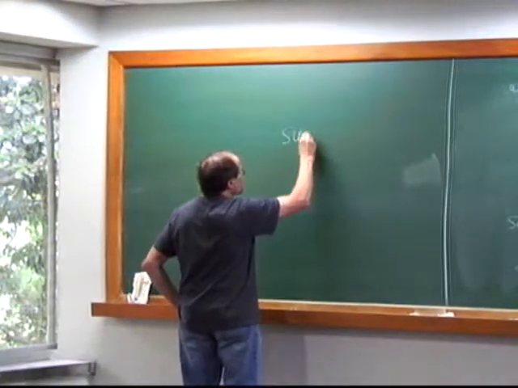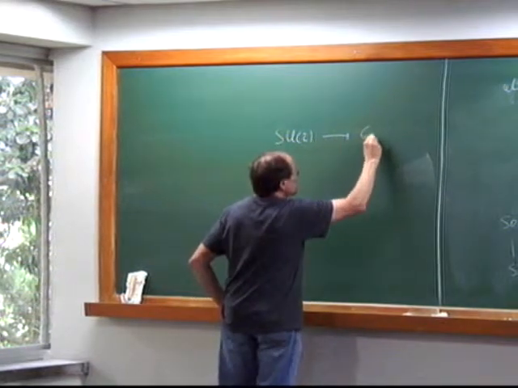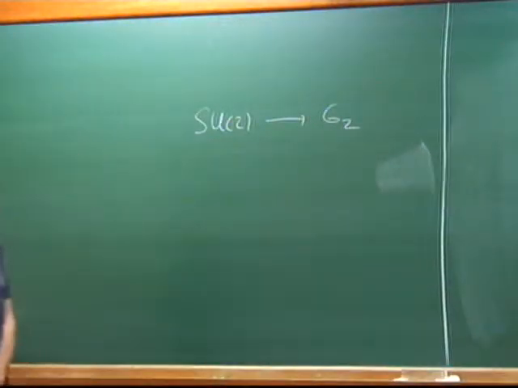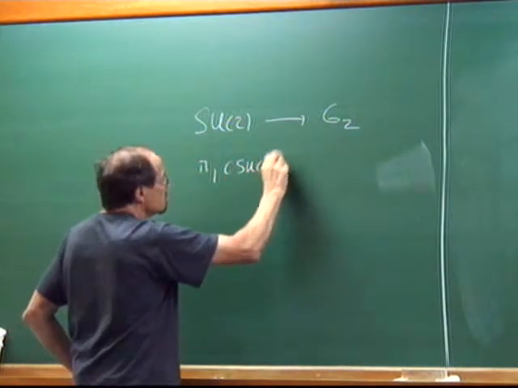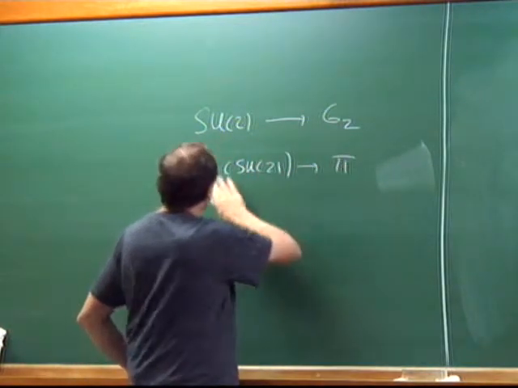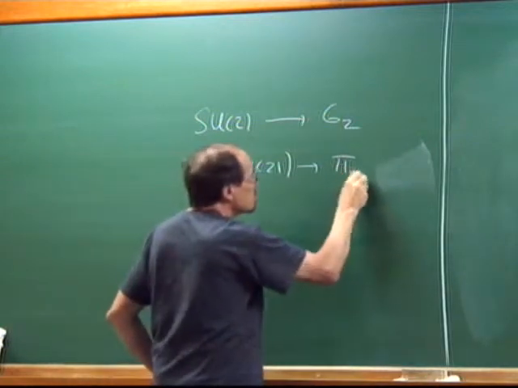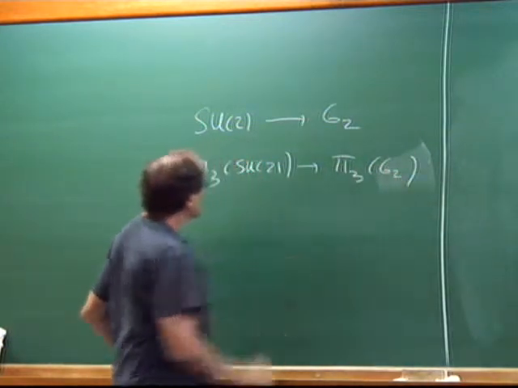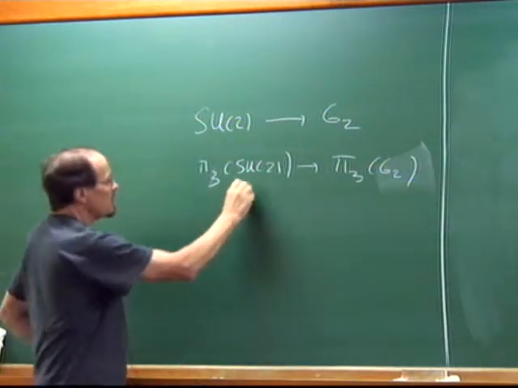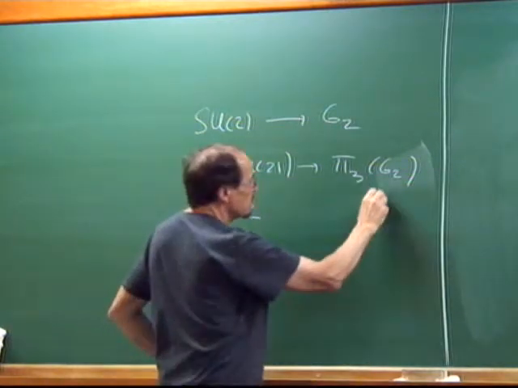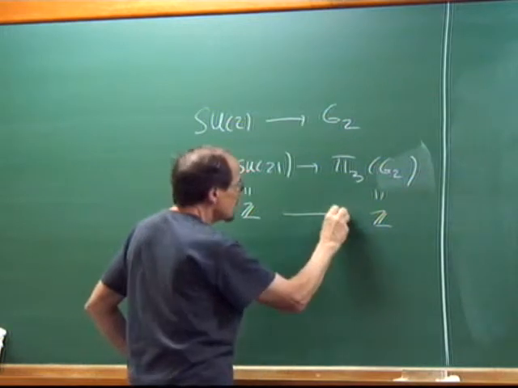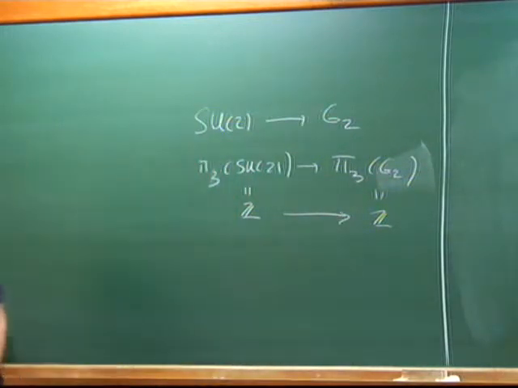Let's look at the map from SU2 into G2, and look at the induced map in pi 3. SU2, the 3-sphere, so pi 3 is Z. And we saw on Monday that this is also Z. So I get a homomorphism from Z to Z. Must be multiplication by some integer. And the question, what's the integer?